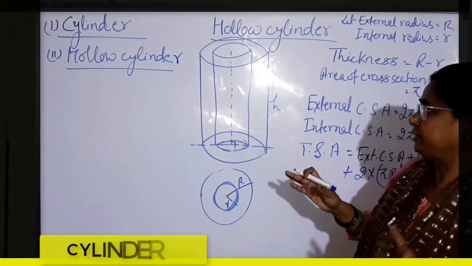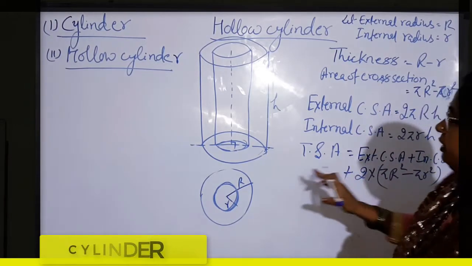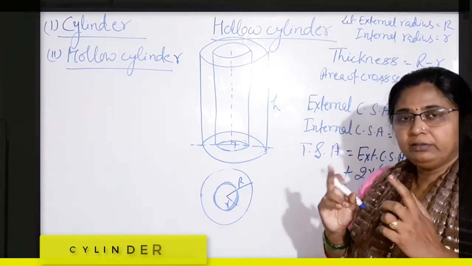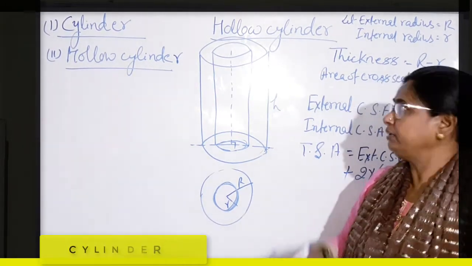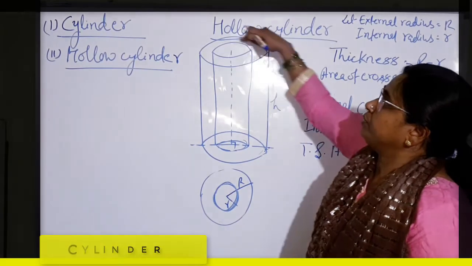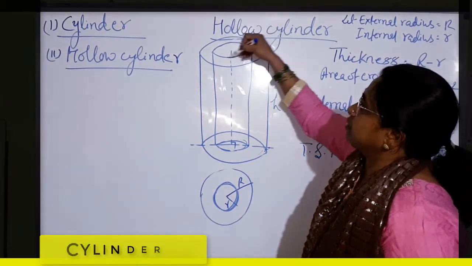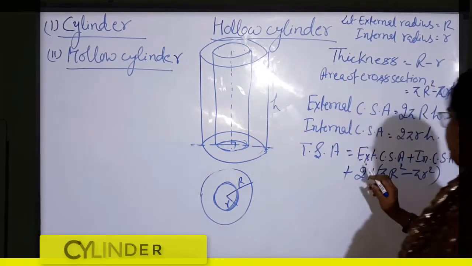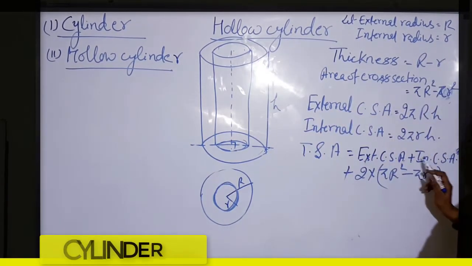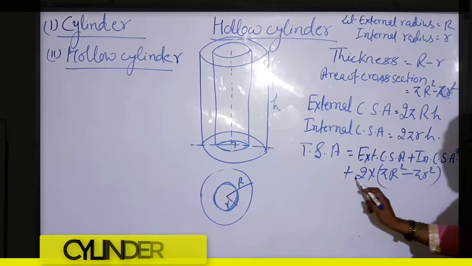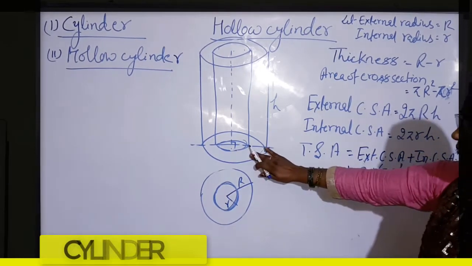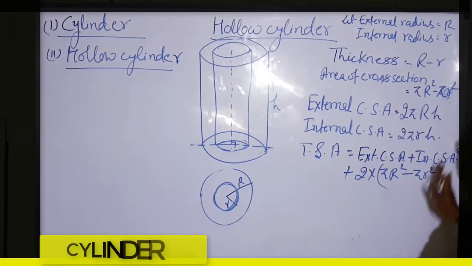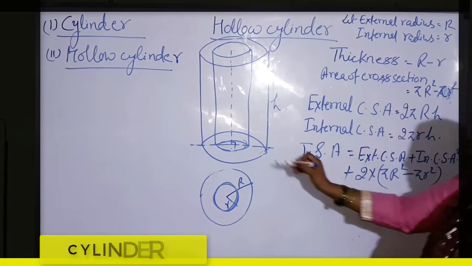Total surface area means the internal portion, outer portion, and the whole bottom portion and top portion area. Exclude this portion, it is hollow, so don't include this hollow portion. It is external curved surface area plus internal curved surface area plus 2, because one is for base and the other for top, into pi R square minus pi small r square. It is the area of the cross sectional portion.